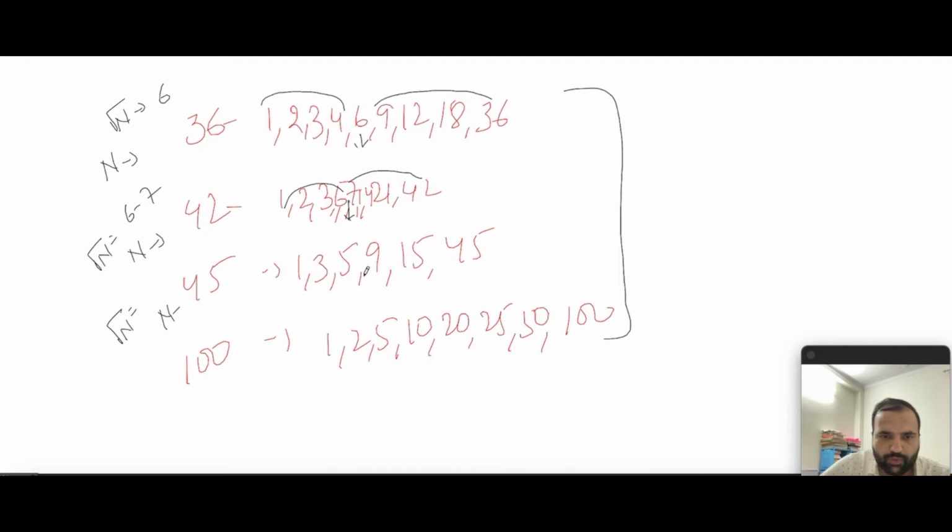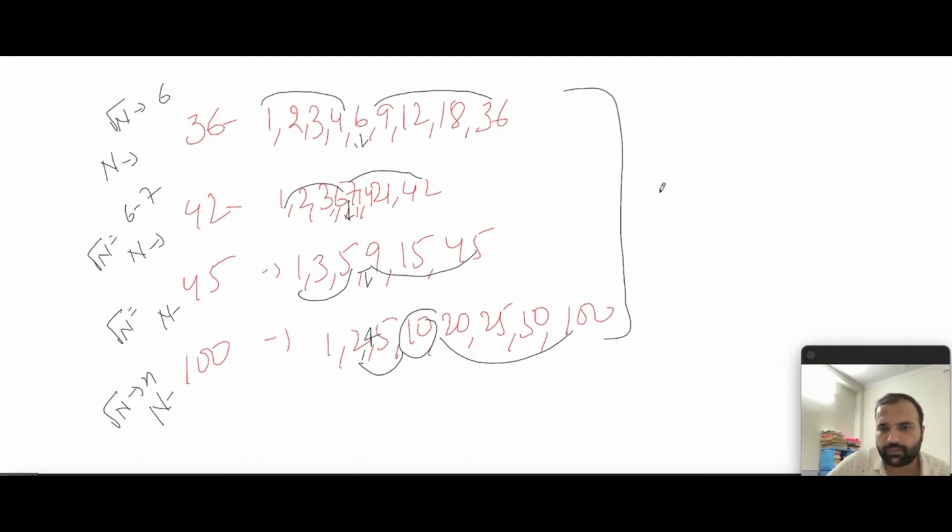So it would be somewhere between 6 and 7. You will see 3 factors before that, 3 factors after. With 100 as well, we'll see the same thing. There would be no difference. The square root of this number, if we take it as n, would have equal factors before it and equal factors after.